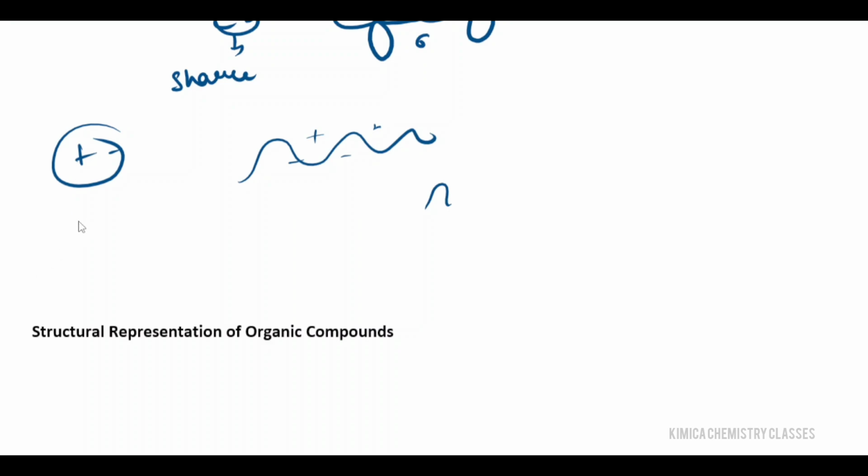If waves are in opposite directions, with different signs and different phases, they cancel out, creating a node. A node is a zero probability region. This forms an antibonding molecular orbital, which is unstable and has high energy.